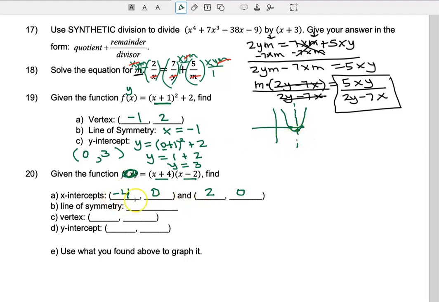So to find my line of symmetry, I need to take these x values and find the average of them. Here x is -4, and here x is 2. So if I add those together, -4 plus 2, and then divide it by 2, because there's two things that I'm trying to average.